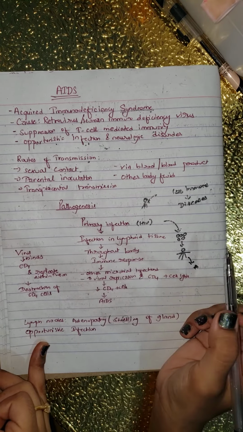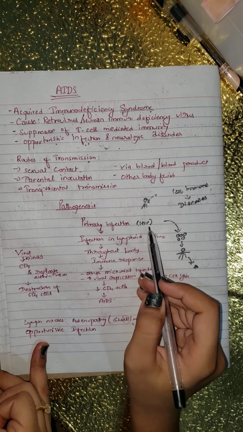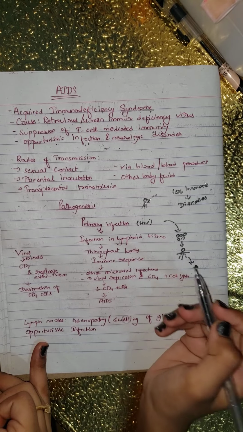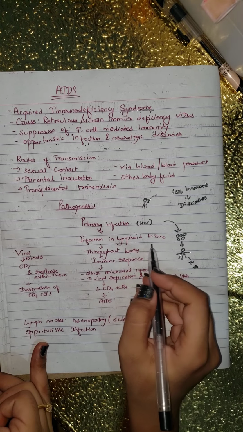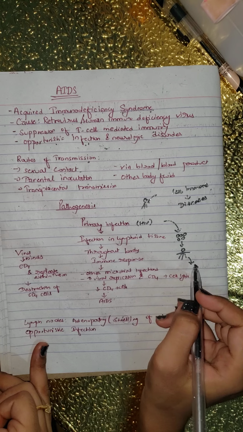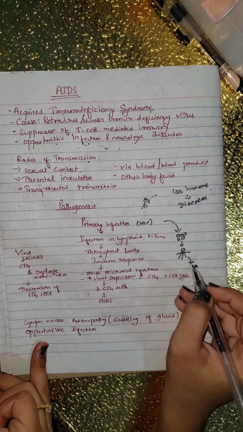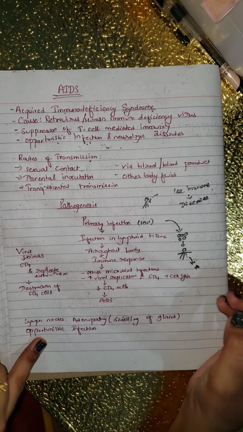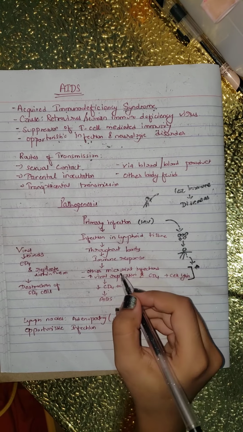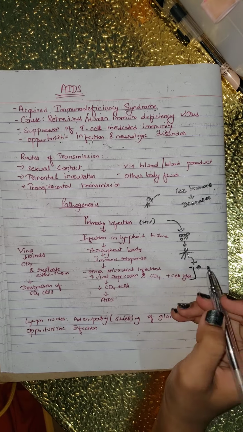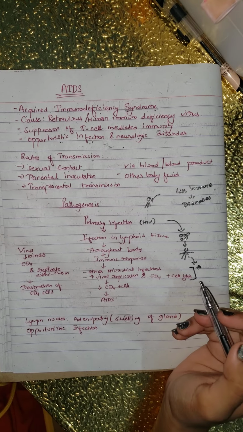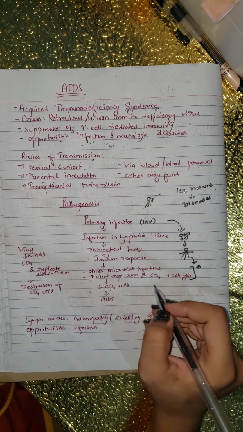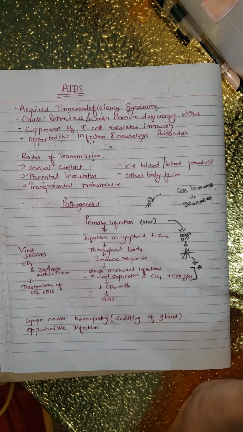What is the pathogenesis? First of all, the patient will get HIV through any route. Then the infection spreads to lymphoid tissues. Then from the lymphoid tissue, it spreads to the whole body. Then our body will fight through the immune response. Then we can see a lot of microbial infection in our body because of the low immune system, and also a lot of viral replication and CD4 plus cell lysis.